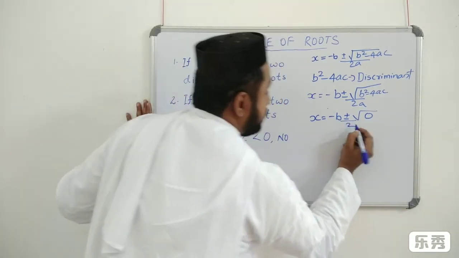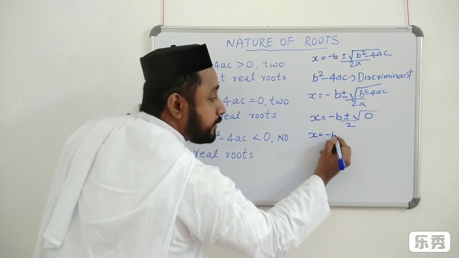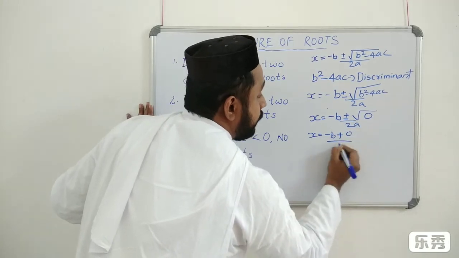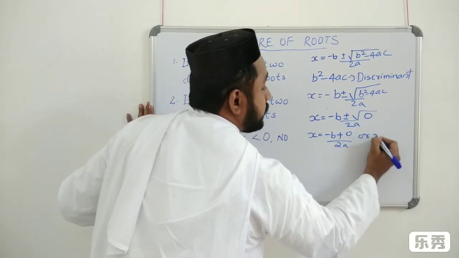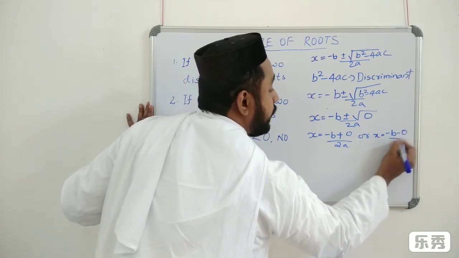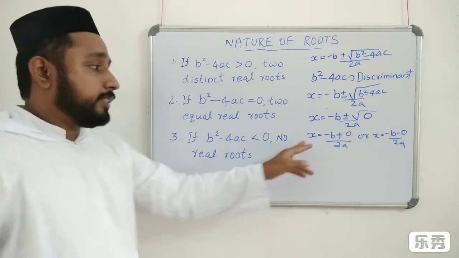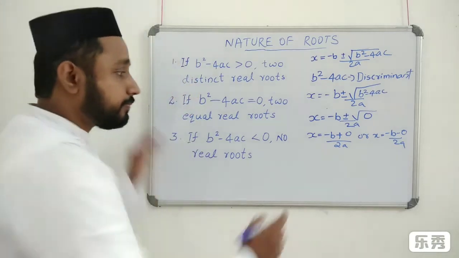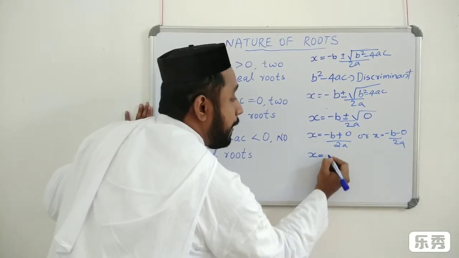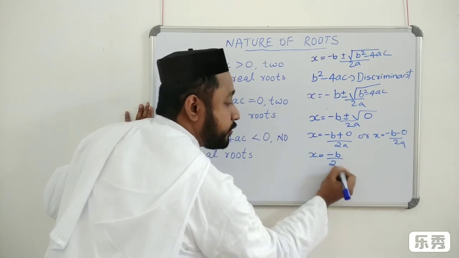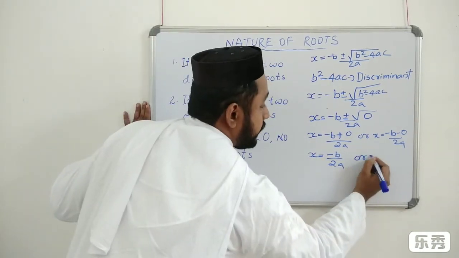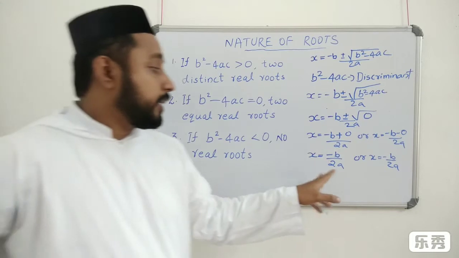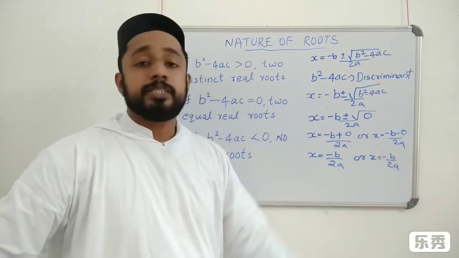So x = (−b + 0) / 2a, or x = (−b − 0) / 2a, which means x = −b/2a or x = −b/2a.